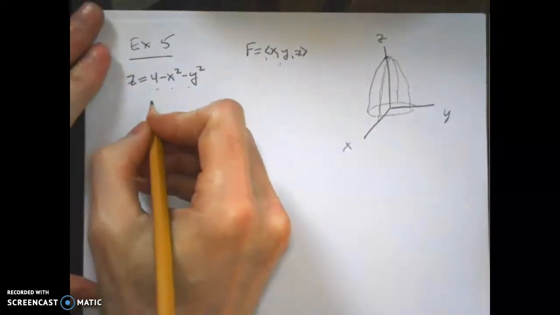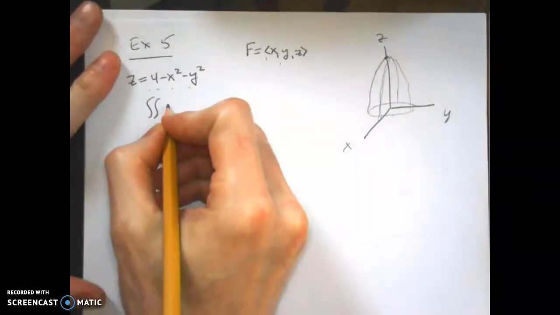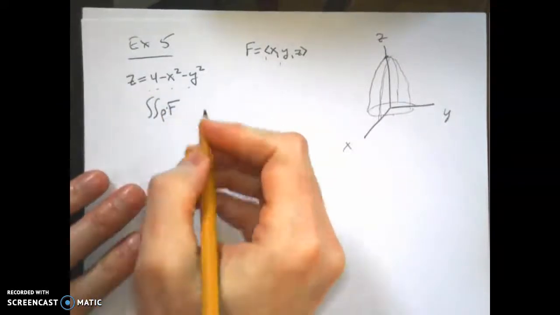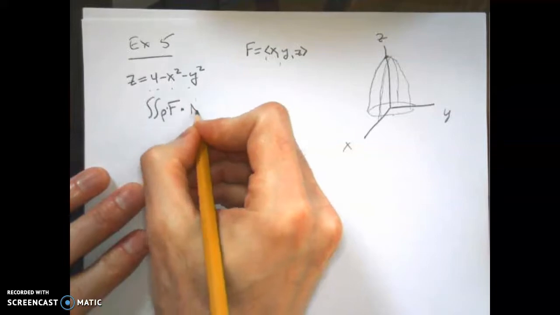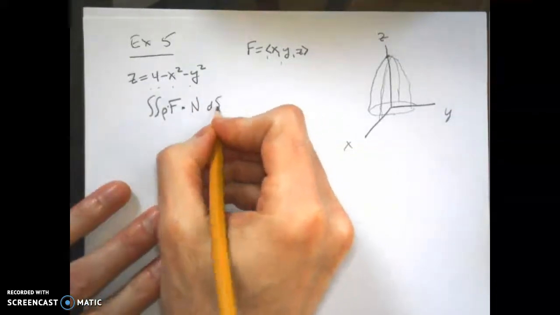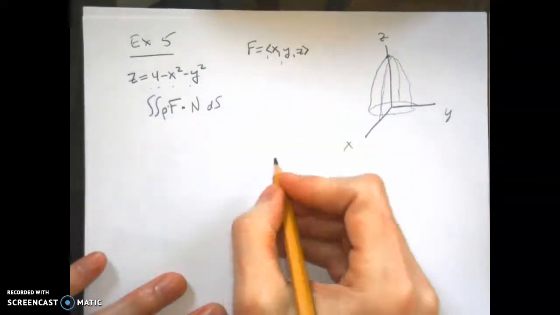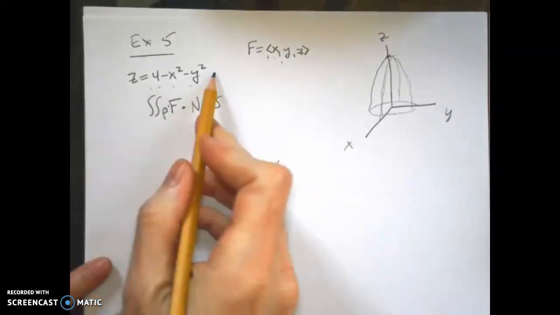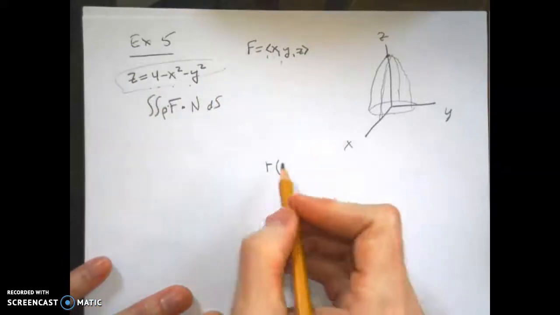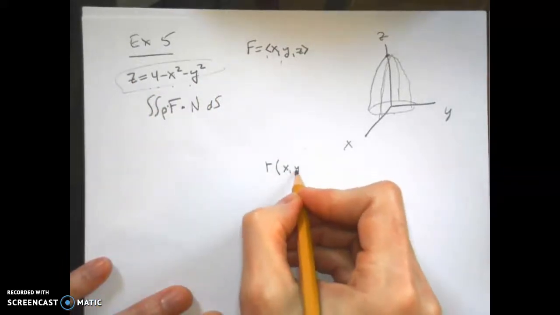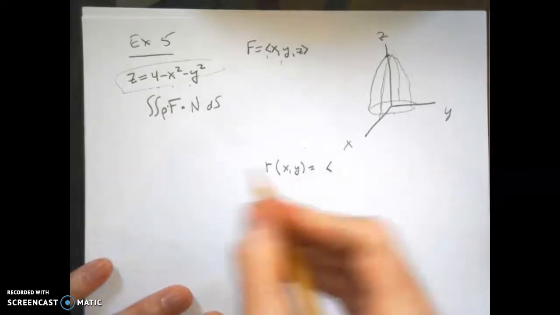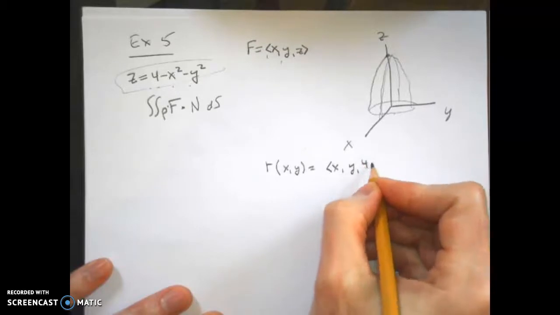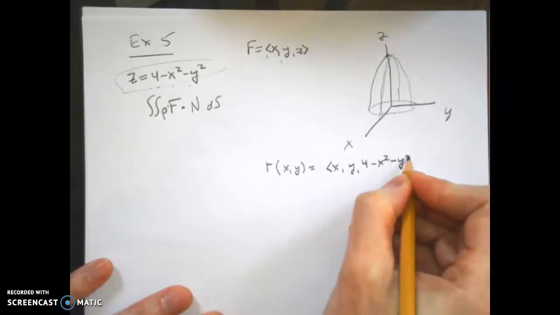Okay, so what we're doing is finding the double integral of our f, and they give us a constant density, so we put that rho with the f, dotted with the unit normal vector over our surface. We can parameterize this surface in terms of x and y. The x is just x, the y is just y, and the z is 4 minus x squared minus y squared.